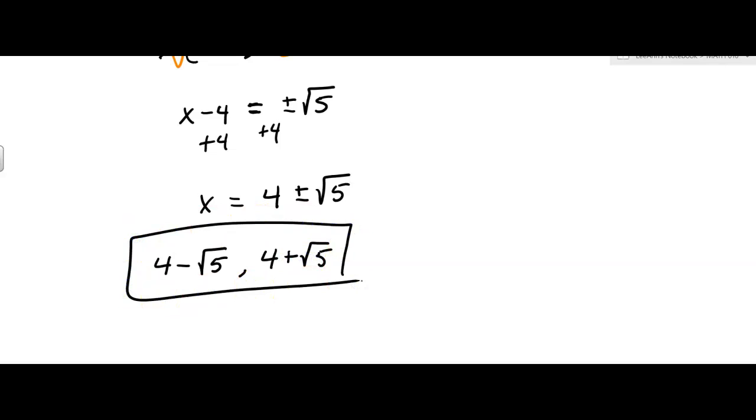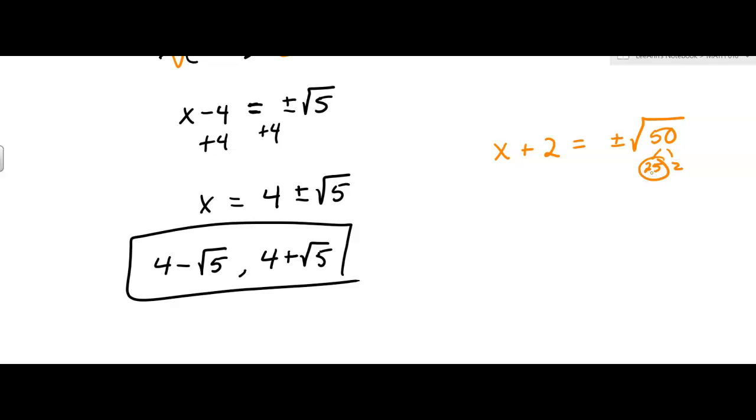Now let's say you had something like, let me just do another little bonus thing here. Let's say you had x plus 2 equals plus or minus the square root of, what's a good one? 50. Well, 50 can simplify: 25 times 2.